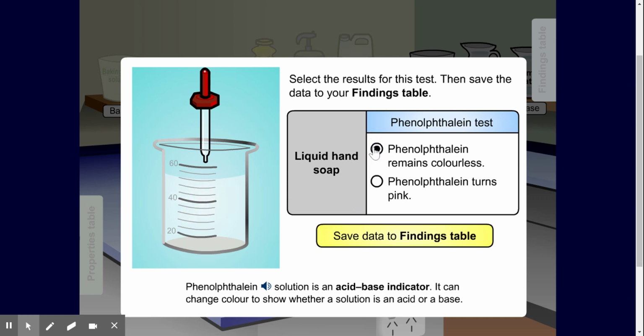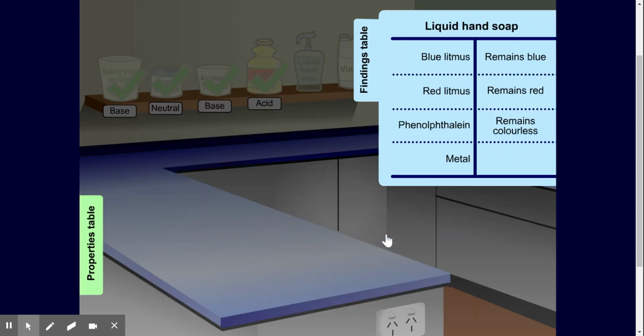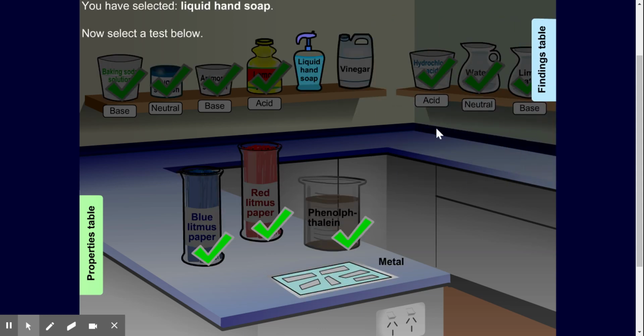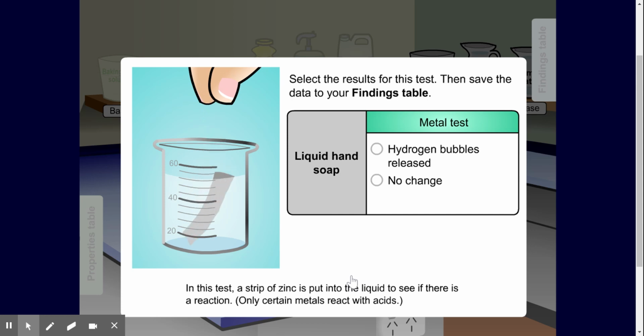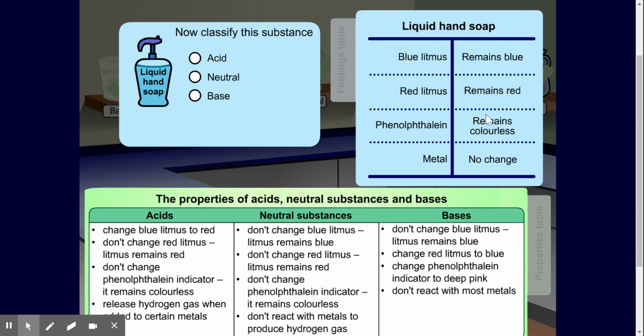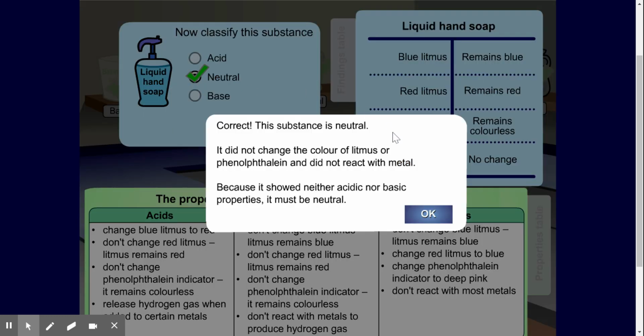It stayed colorless. I'll test it with the metal. And we see no change. Since everything stayed their color and there was no change with the metal, we saw nothing happen. That makes it neutral.